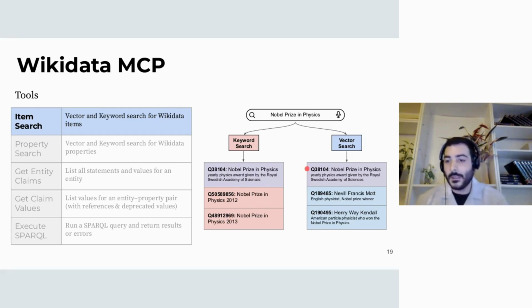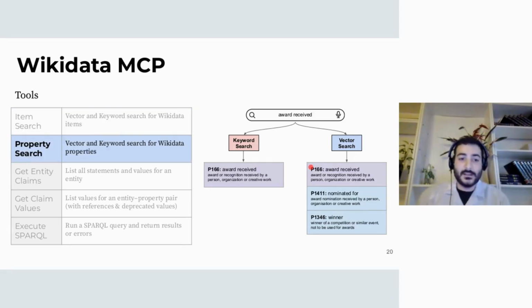Vector search provides what you're looking for, but since it has a wider scope, it can give you examples that might be relevant for you. In this particular case, it provides physicists that won the Nobel Prize, for example, Nevill Francis Mott.